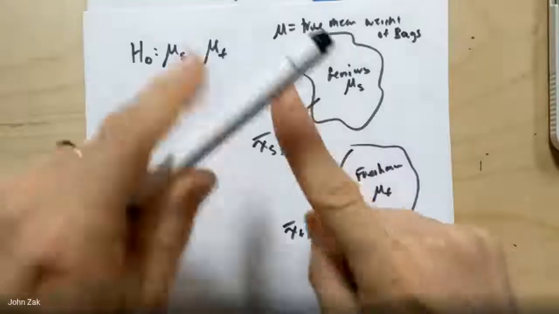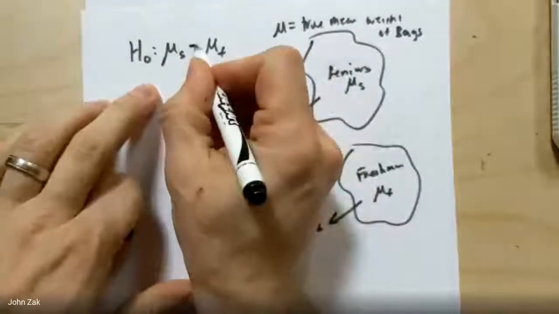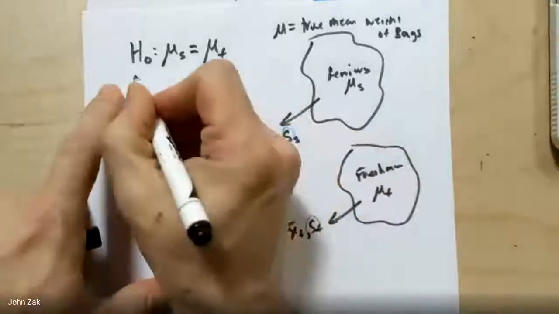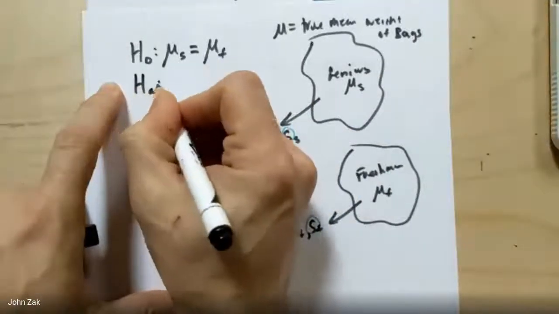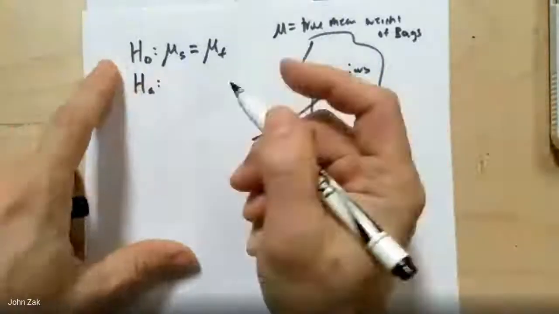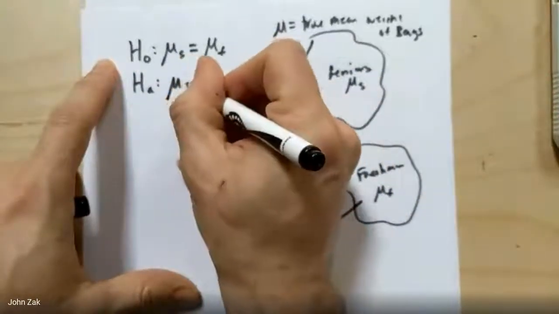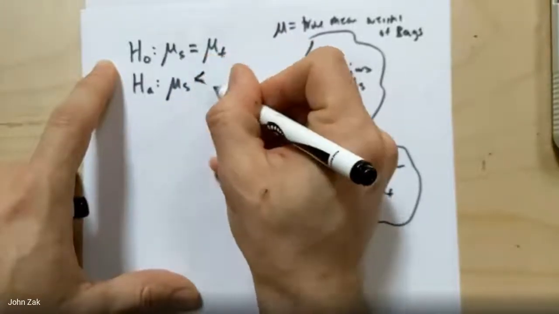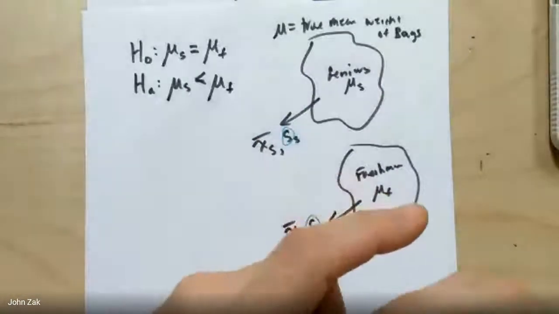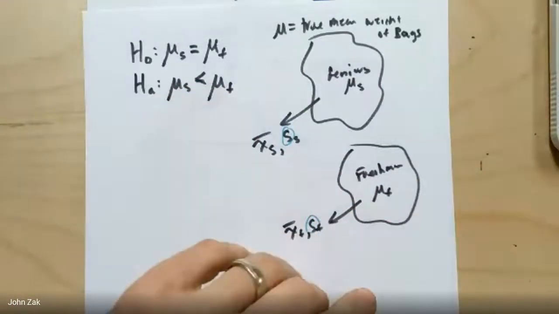As a null hypothesis, we will use equals. Be careful there. Null hypothesis is always equal. Always assume equality. The alternative is that, as a couple of people chimed in, less than. I think that would make sense as the alternative hypothesis. We'd try to prove that the average weight of a senior's book bag is less than the average weight of a freshman's book bag. So that's cool, right?